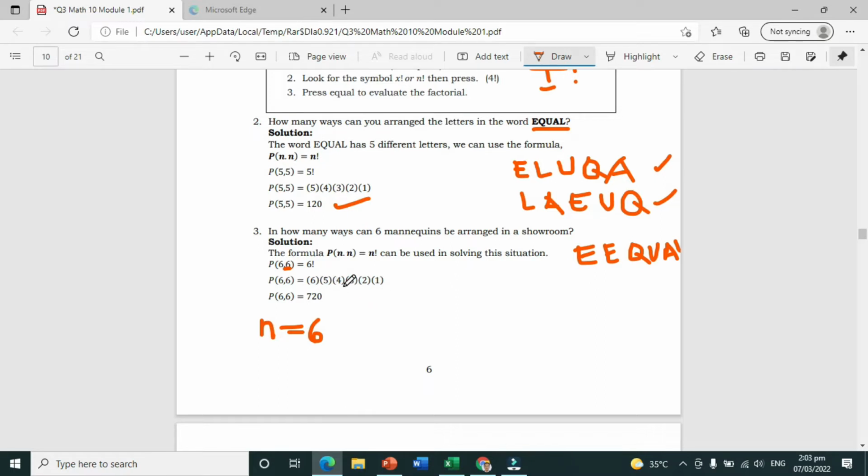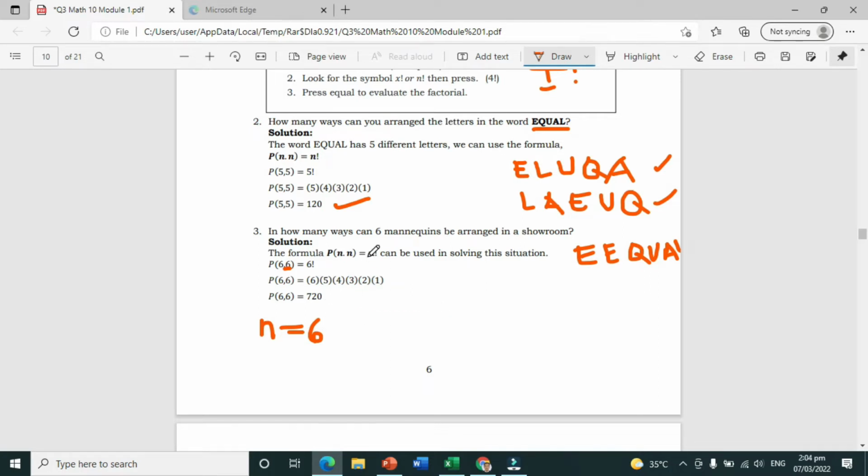6 times 5 is 30, times 4 is 120, times 3 is 240, times... teka, wait lang. 6 times 5 is 30, times 4 is 120, times 3 is 360, times 2 is 720, times 1 equals 720.